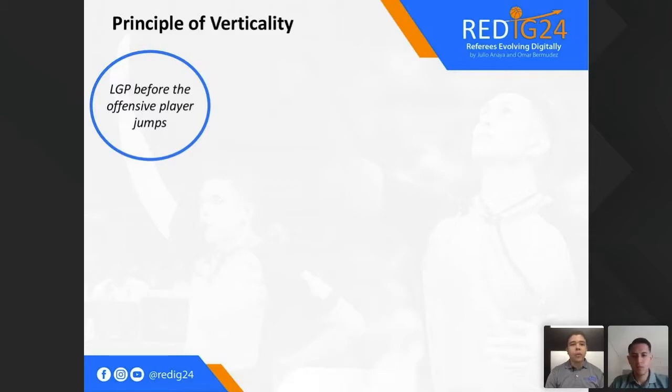The first principle is that a legal guarding position is made by the defensive player before the offensive player jumps or gets airborne. So if the defense establishes a legal guarding position before the offensive player jumps, then he is vertical by the principle of verticality.